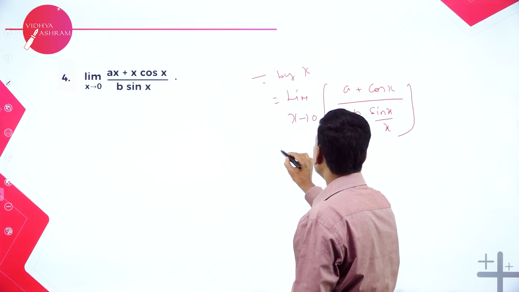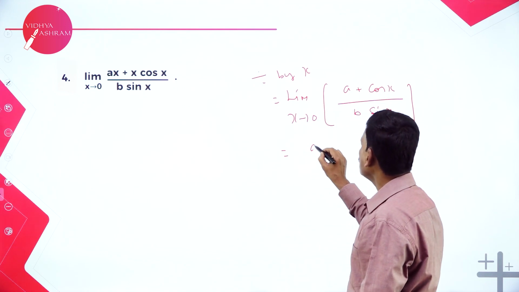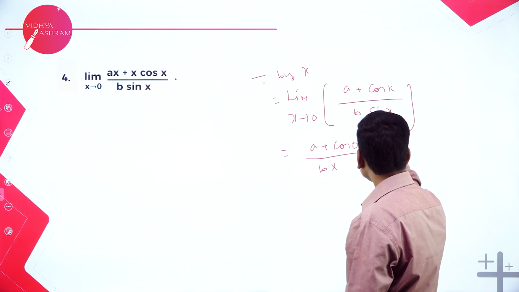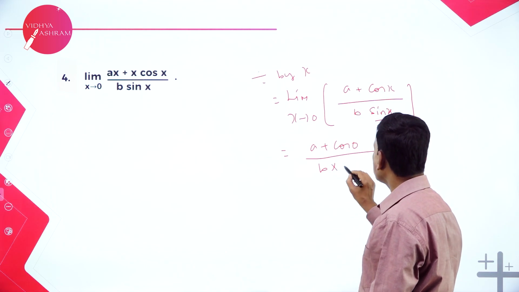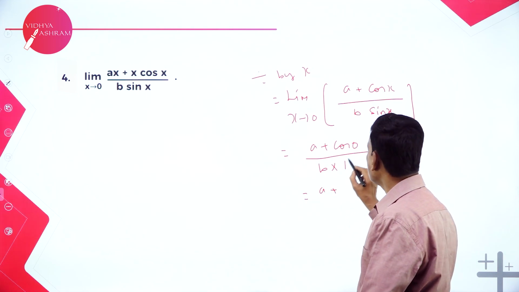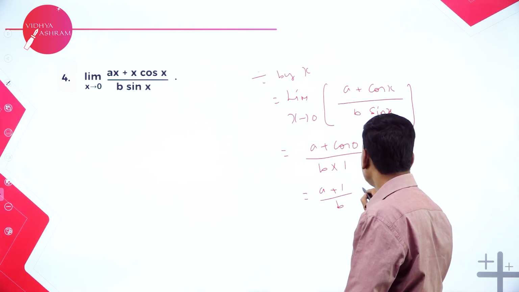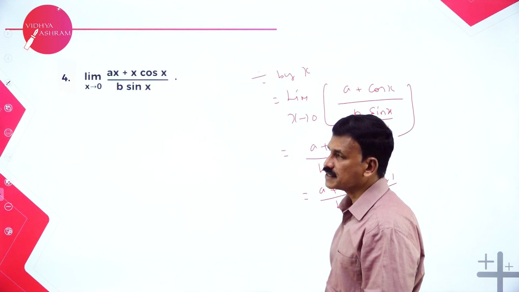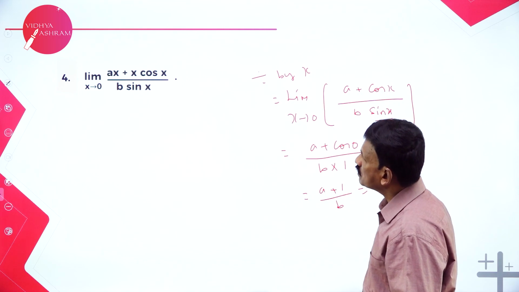Now just apply the limit. So if you put x is equal to 0, a plus cos 0 divided by b into this. Limit x tends to 0 of sin x by x is 1. A plus cos 0 is 1, divided by b, that's equal to a plus 1 divided by b. That's it. Okay. Now move on to the next problem.